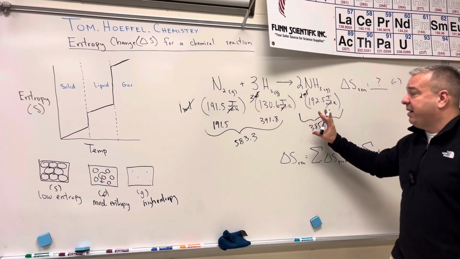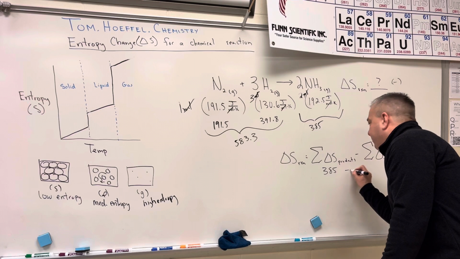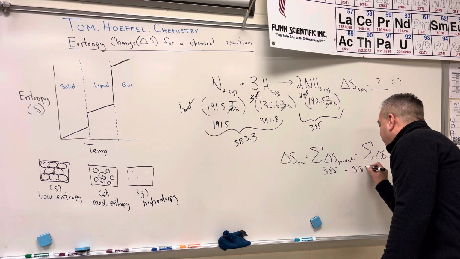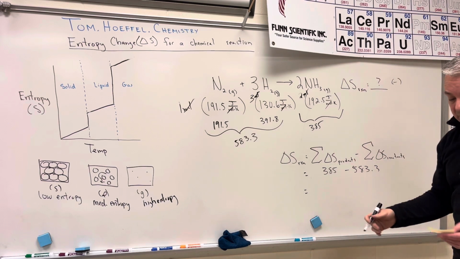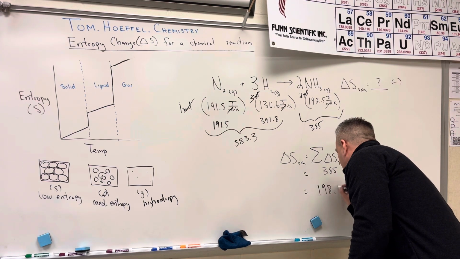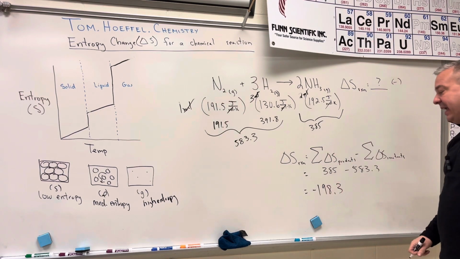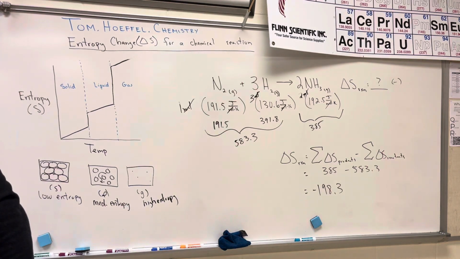And then it's just products minus the reactants. So 385 minus the 583.3 is going to give us an answer of negative 198.3.